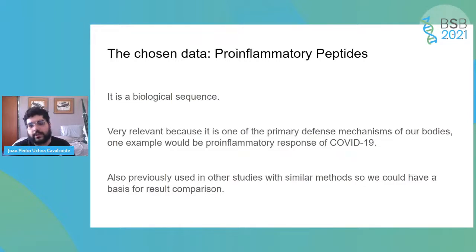So it's well documented, and it's important right now because of COVID-19, since it's a part of the infection of the disease. Also, there are previous studies that have used this dataset, so we have a basis for comparison, which is very good for us.